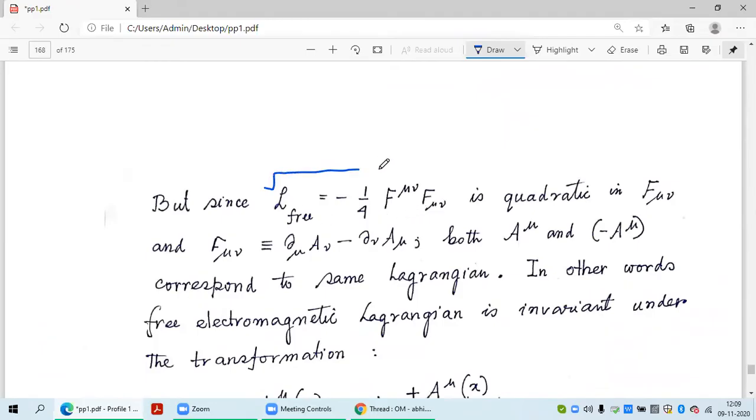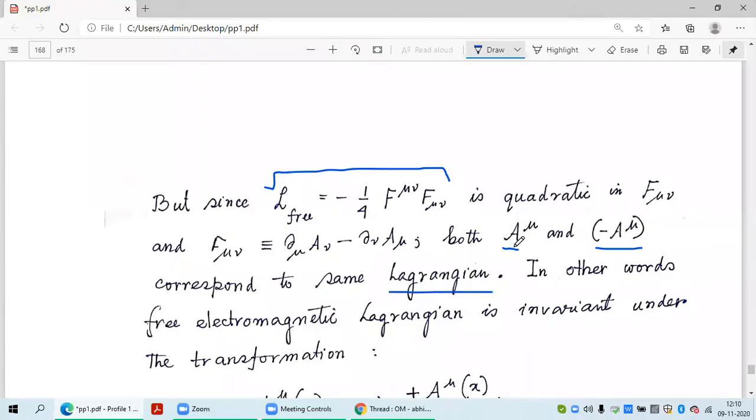See, this free Lagrangian of the electromagnetic field is quadratic in F. F mu nu occurs twice, and F mu nu is this. So you can check that both A mu and minus A mu correspond to the same Lagrangian.